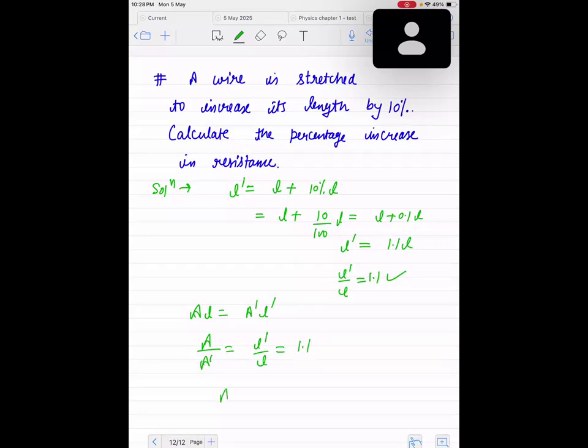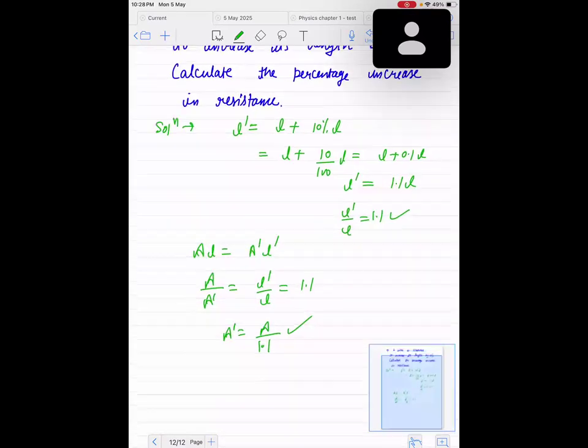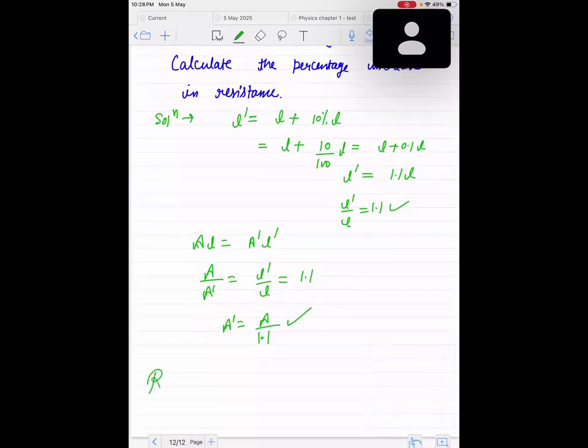So A prime is A upon 1.1. Now the new resistance is rho L prime upon A prime. L prime is 1.1 L, A prime is A upon 1.1. So it is 1.1 square rho L upon A, which is the old one.